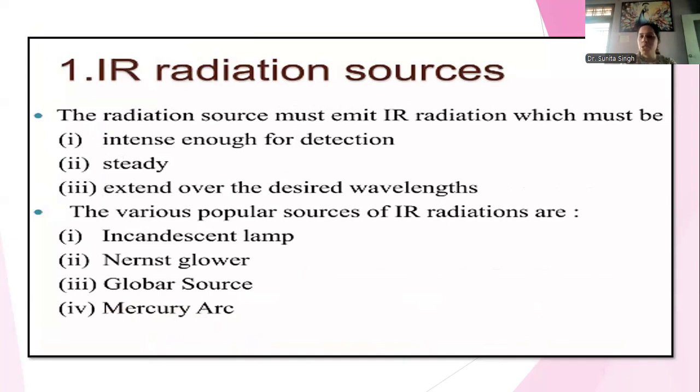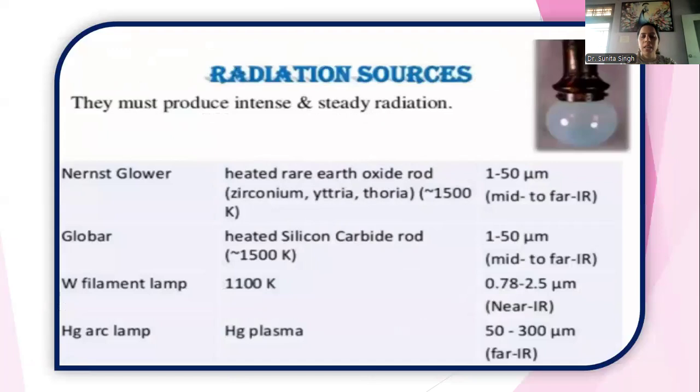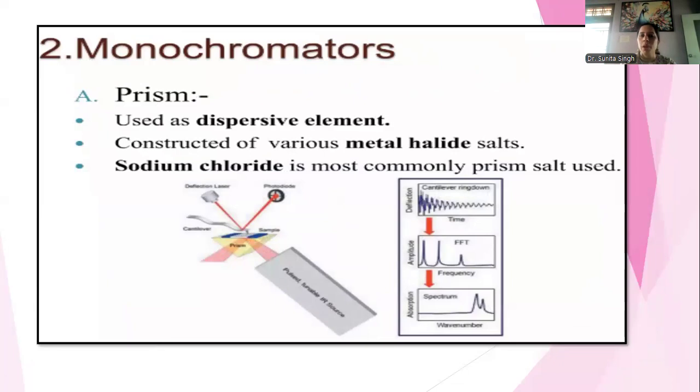The popular sources of IR radiation are the Nernst glower, globar source, mercury arc, and incandescent lamp: Nernst glower, a heated rare earth oxide rod; globar, a heated silicon carbide rod; tungsten filament lamp; and mercury arc lamp.